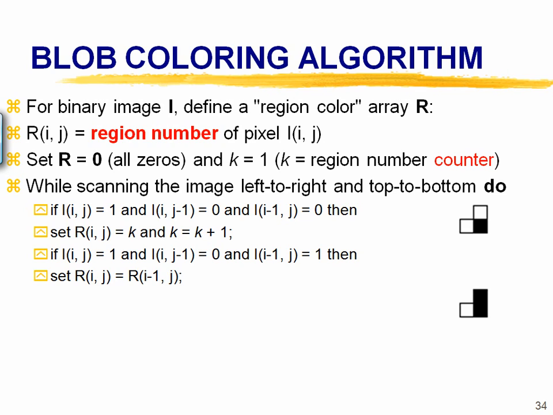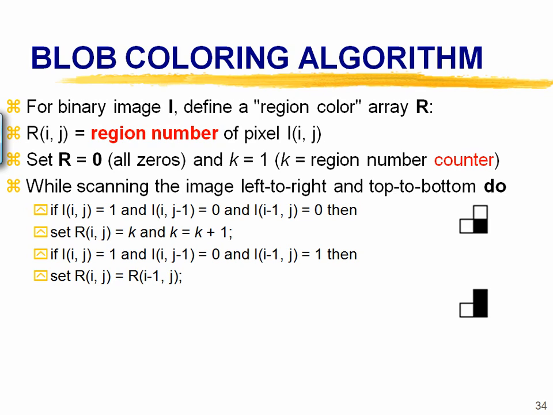I think we had defined an operation which was for each row, for each column. So any operation that I define within this loop is going to be something that I process in a raster scanning fashion.